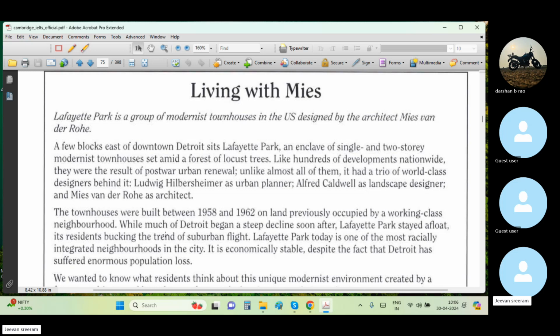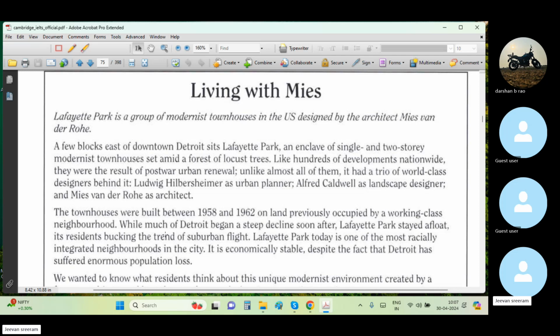Okay, single floor and also 2 floors, set amid a forest of locust trees. There is a forest of locust trees in which you will see Lafayette Park. That's the location name, Lafayette Park. You can see single and two-story modernist townhouses, right?